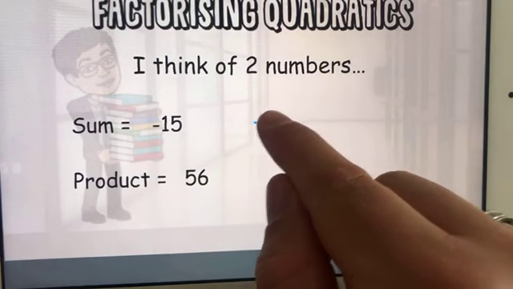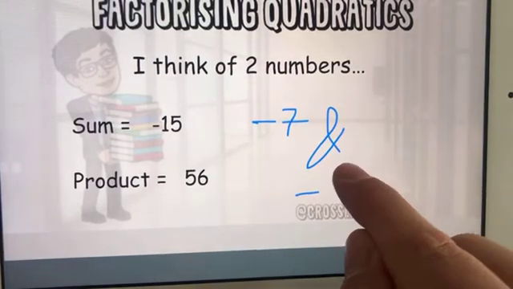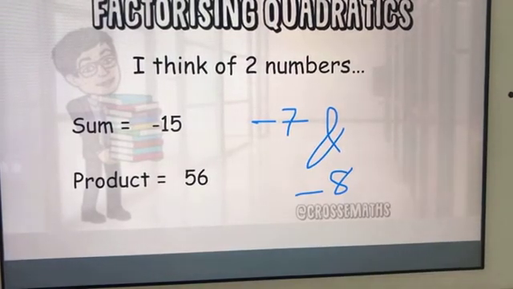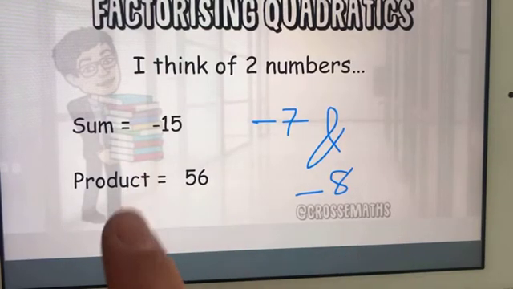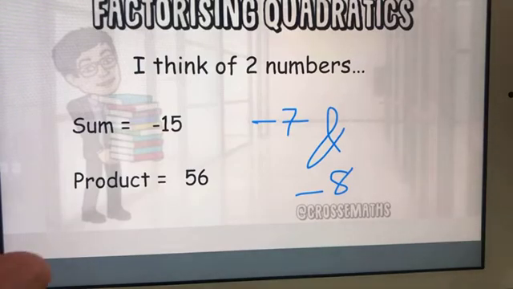You've got negative 7 and negative 8, because minus 7 and minus 8 times together to make 56, and minus 7 and minus 8 add together to make negative 15.